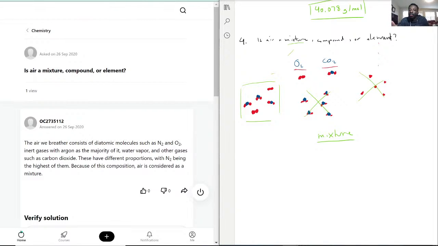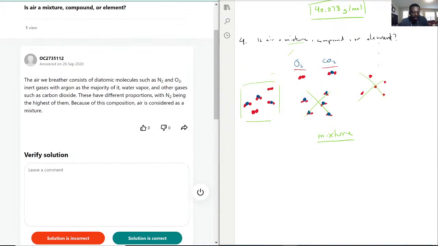And I mentioned that they're not bonded to each other because this is not just one giant compound of O2 and CO2 attached to each other. They're separate oxygen and carbon dioxide particles, molecules floating around. Hence why it's a mixture. It's like putting sand and salt together. You no longer have just a lot of sand or a lot of salt. You have sand and salt in there. So it's a mix.